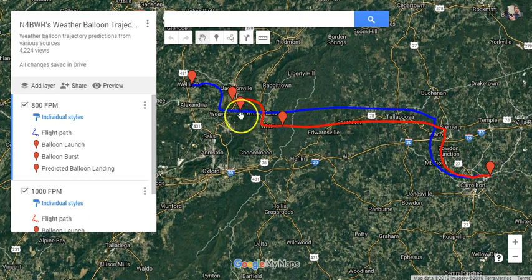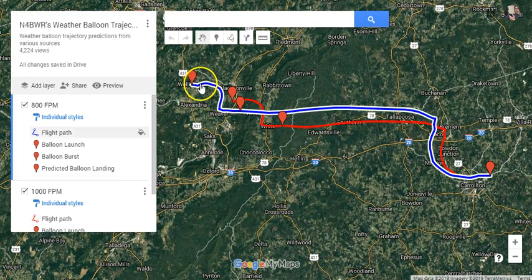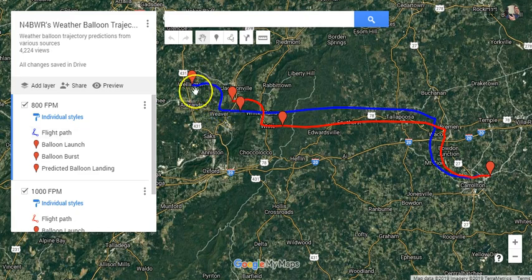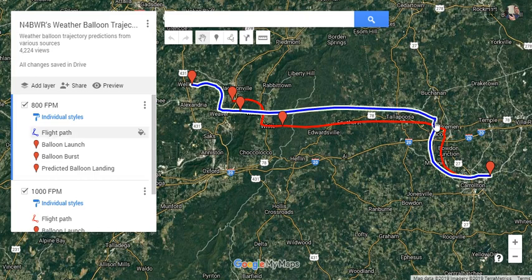The blue line is actually a slower ascent rate. See, we land farther away with the blue line. So what happens is that left-hand turn starts at 30,000 feet. If it takes us longer to get to 30,000 feet, we travel further. In this case, further sort of northwest.